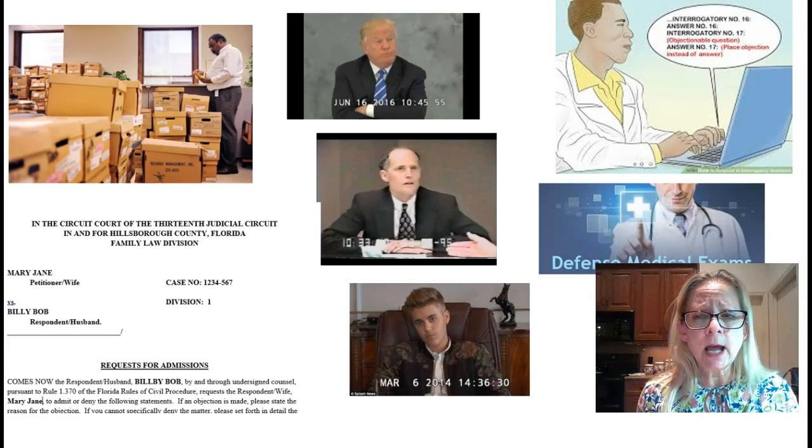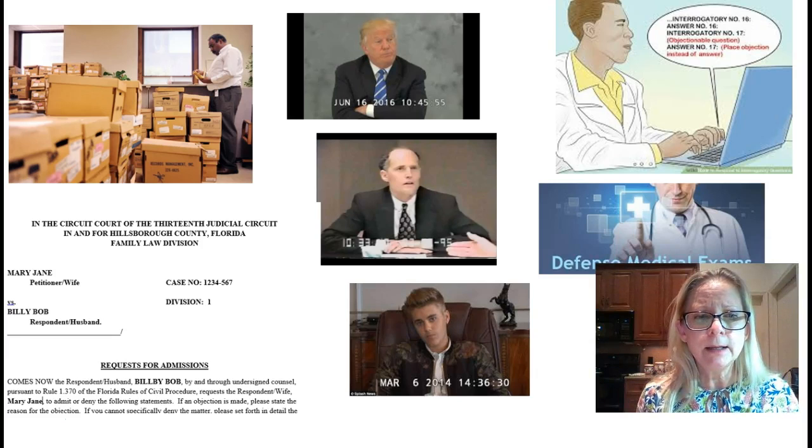And so this slide shows some of the more common devices for obtaining information. The gentleman with the boxes at the top left-hand corner of the screen represents document requests, where back in the day, a million years ago, when I practiced law, that's what you would get with a document request. Of course, today it's largely electronic.